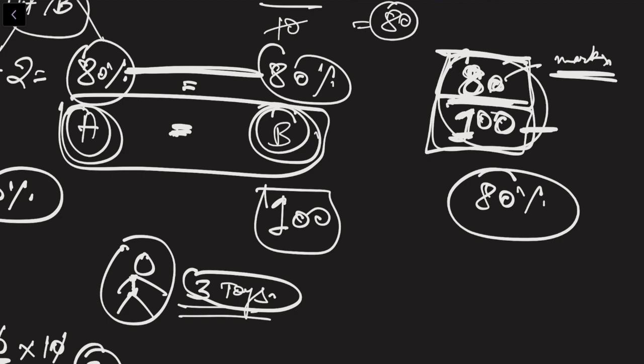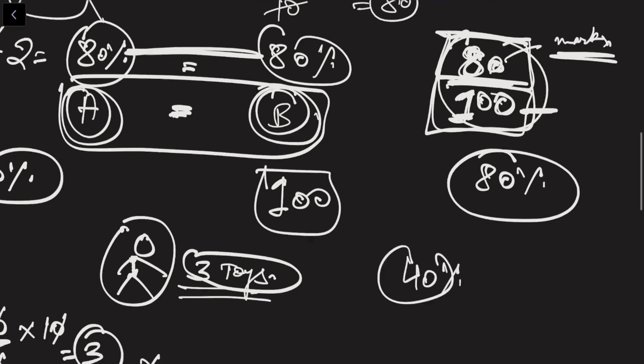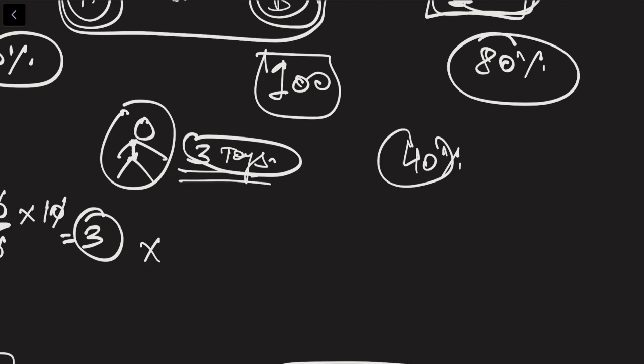All right, I hope you got the meaning. What is percentage? That is per 100, always. If I say that he has 40% toys, that means if there were 100 toys in total, then the kid will have 40 toys.